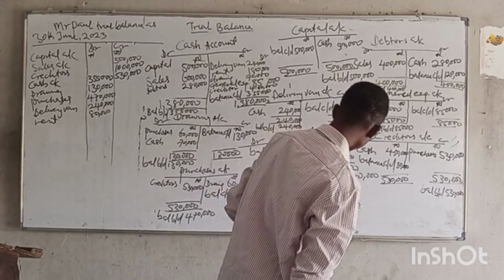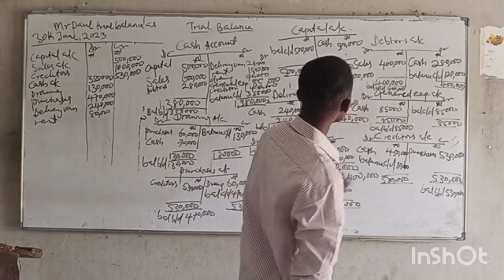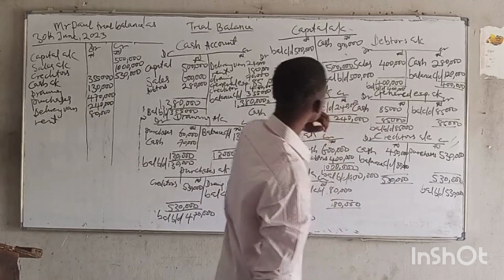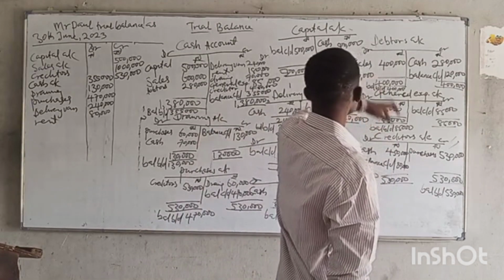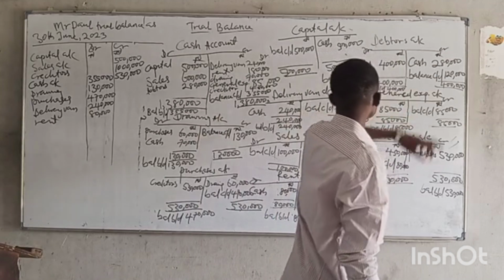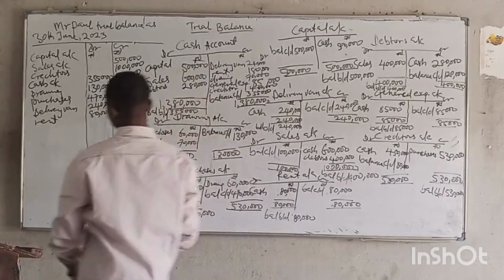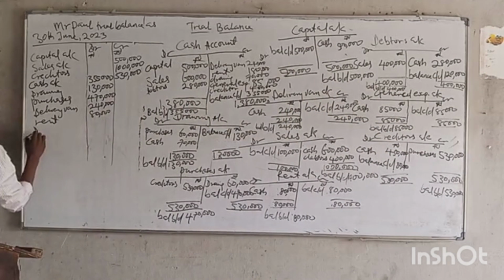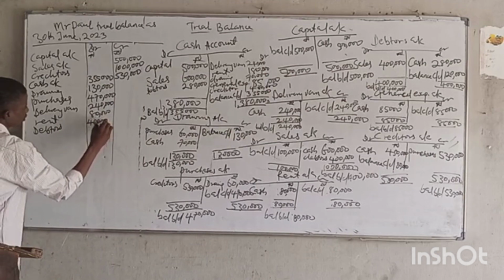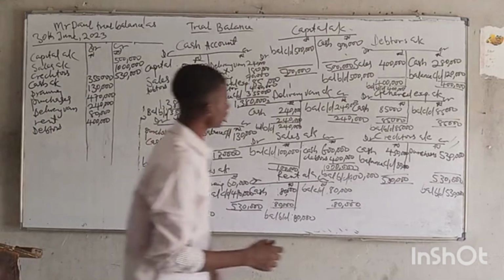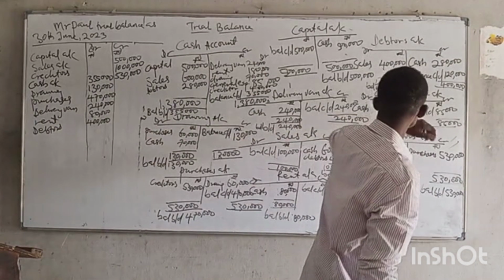The next account is the debtors account, and the balance brought down is 400,000, debtors 400,000. The next account is general expenses.